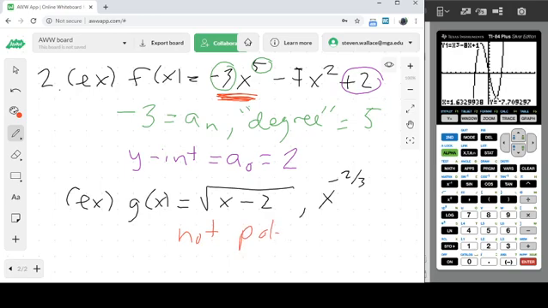Maybe another one that you might see that's not a polynomial is if there's an x in the denominator. So that would be a negative power of x if we were to write it out another way. But at any rate, none of those are polynomials.